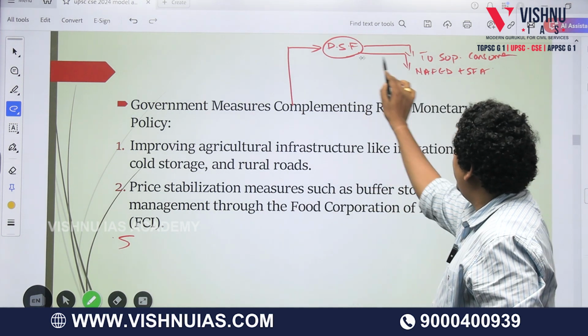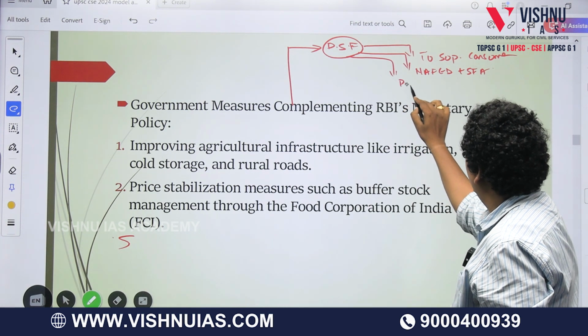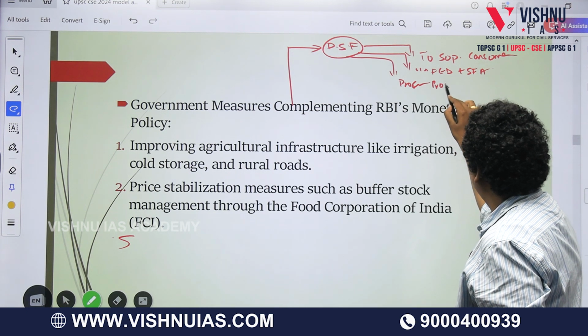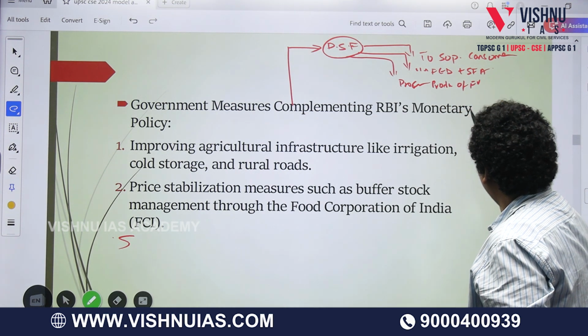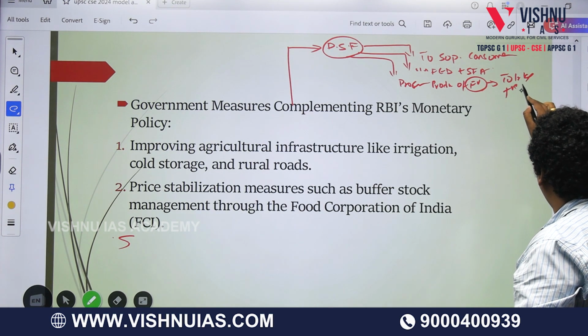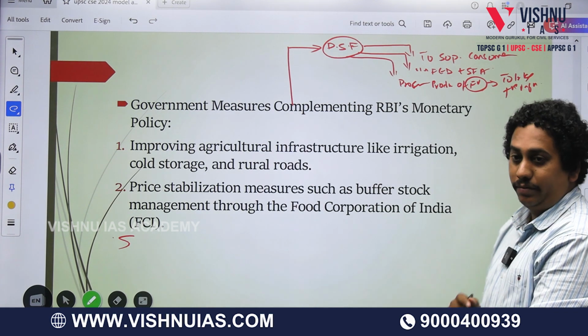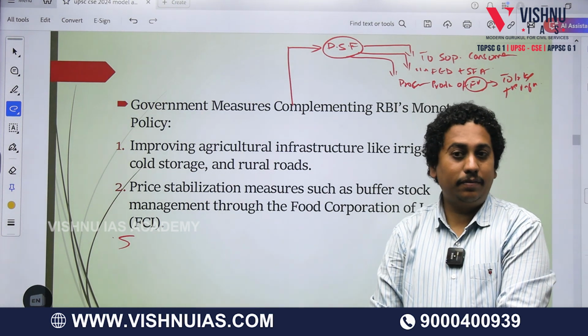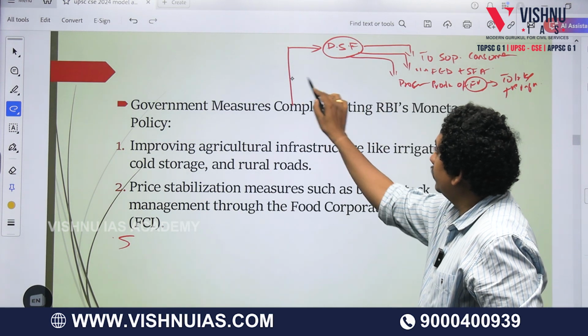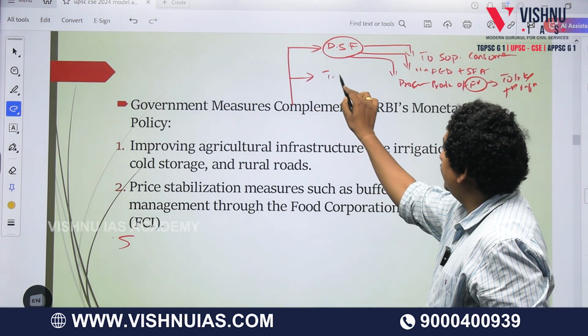Okay, PSF will procure the produce of the farmer to tackle future inflations. That is the main motive. And you could have written about these three things also, no?